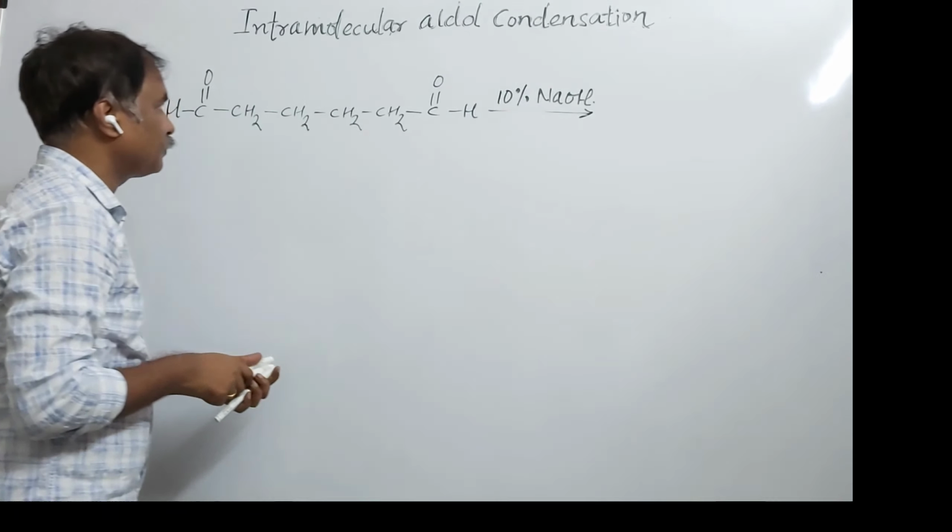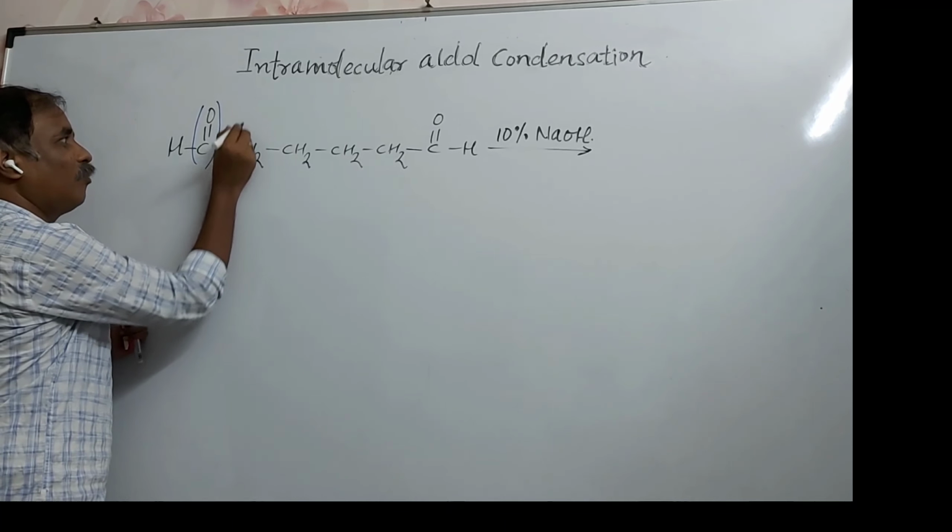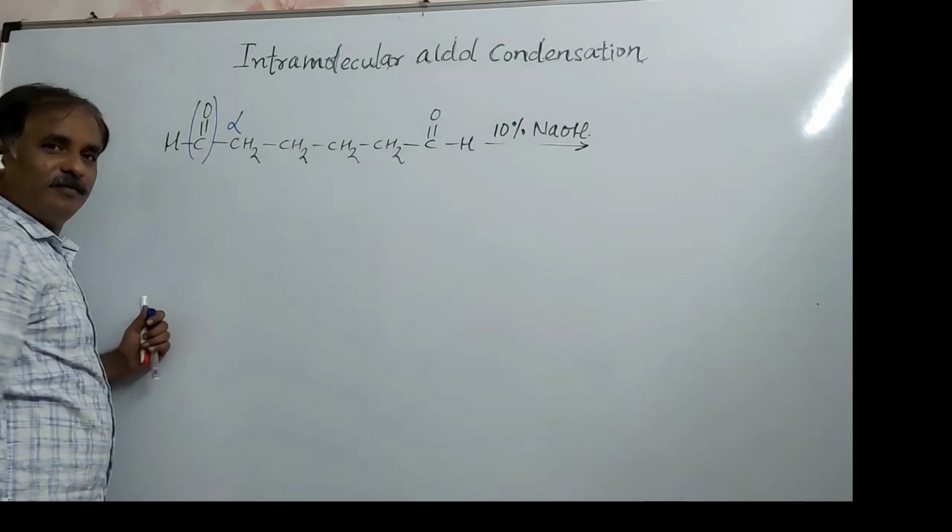See here. With respect to this carbonyl group, this carbon is said to be alpha. And with respect to this aldehyde, this carbon is said to be alpha. On both alpha carbon atoms, there are two alpha hydrogen atoms.